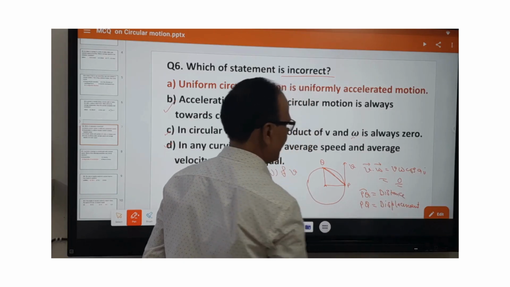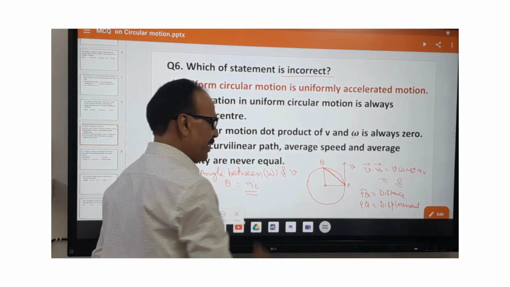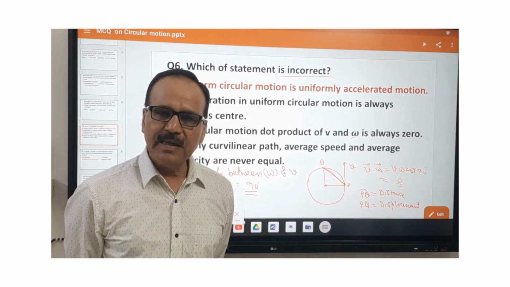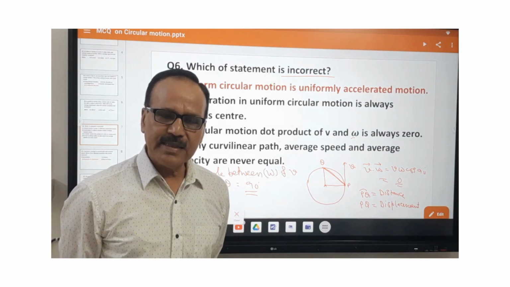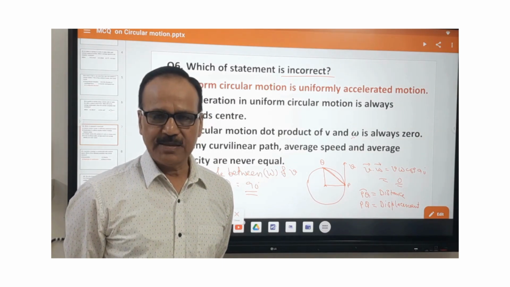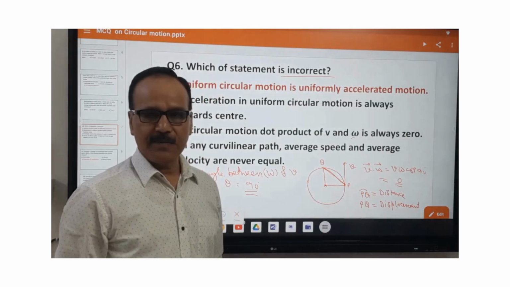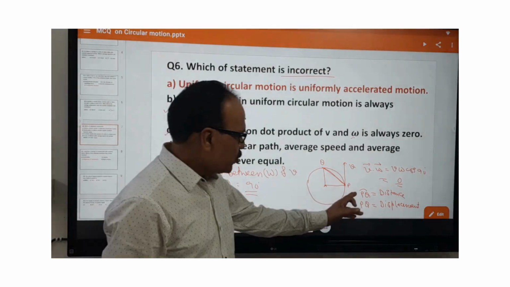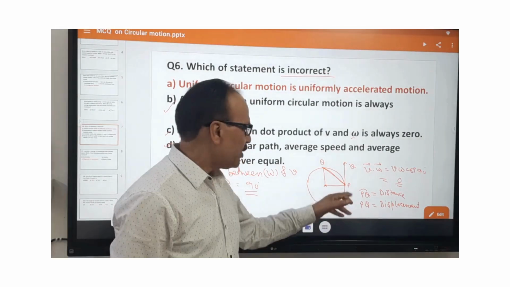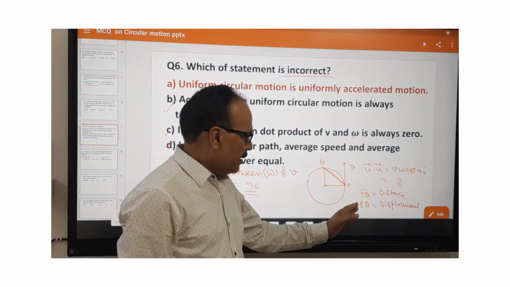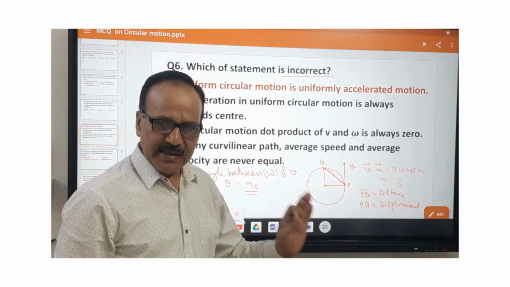So in this way, if you take any 2 points on the circular path and try to find the distance and the displacement, they will never be equal. Here also, arc PQ is not equal to straight length PQ.